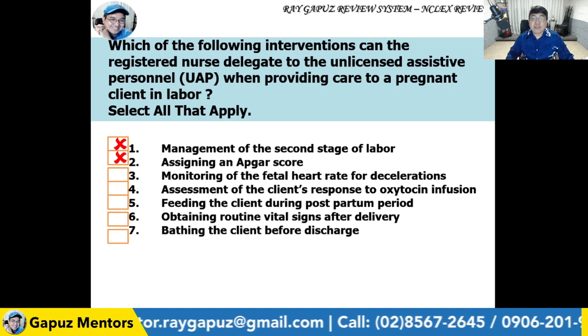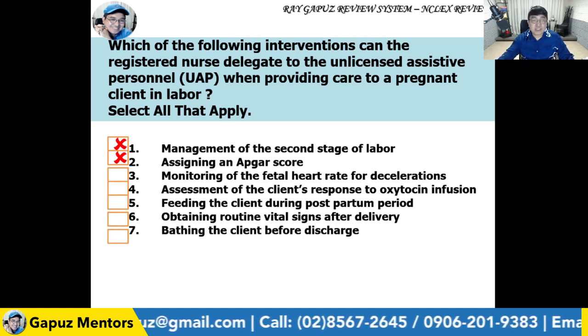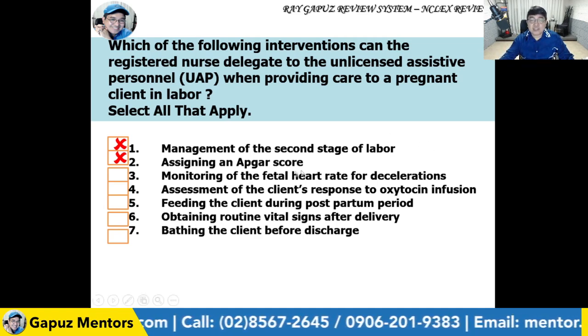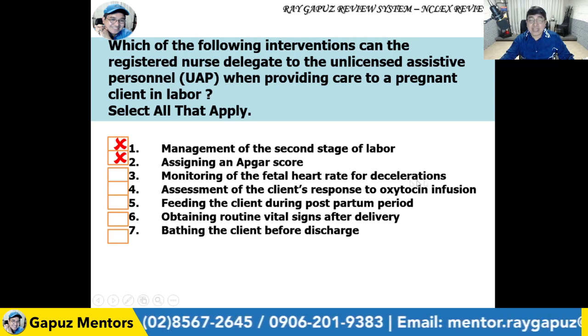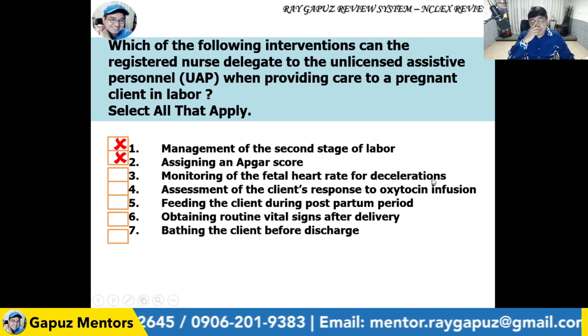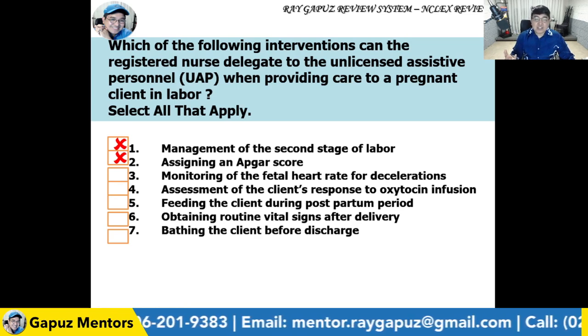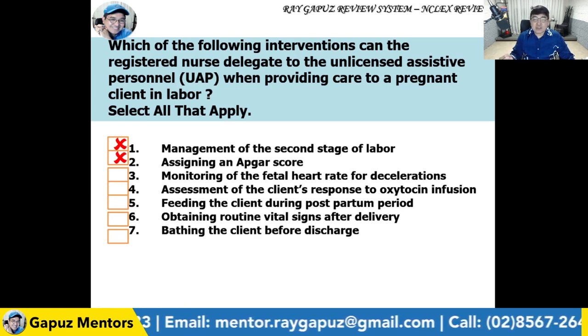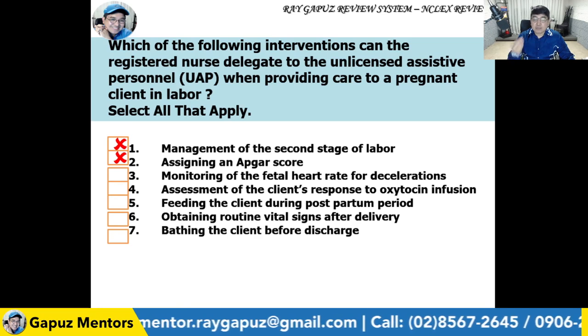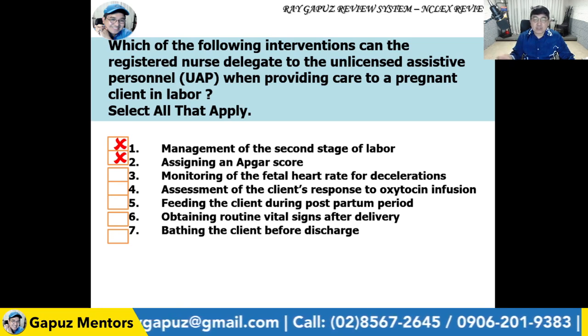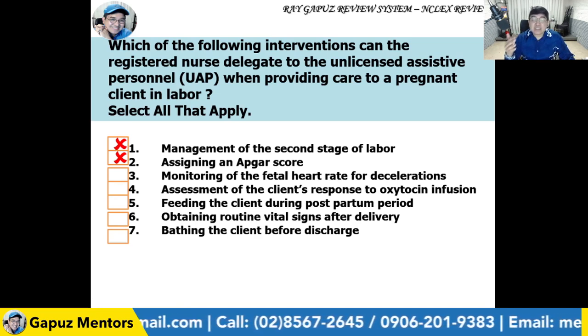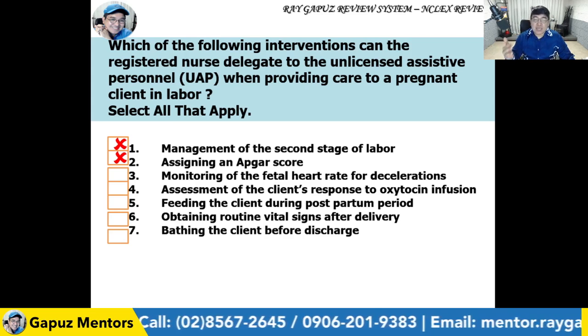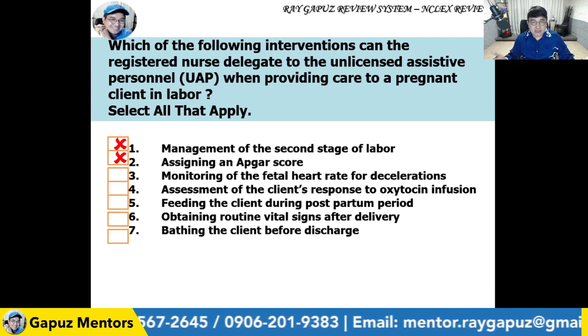Monitoring of the fetal heart rate for deceleration. So this is not routine monitoring. This is a monitoring for fetal heart rate for deceleration. Remember, late deceleration indicates placental insufficiency. Variable deceleration indicates cord compression. And both late and variable deceleration could be present in clients who are having fetal distress.